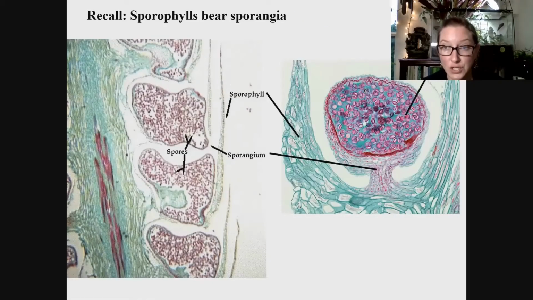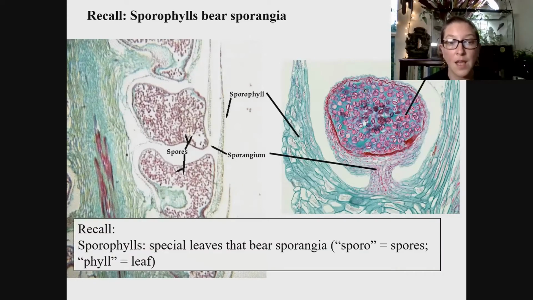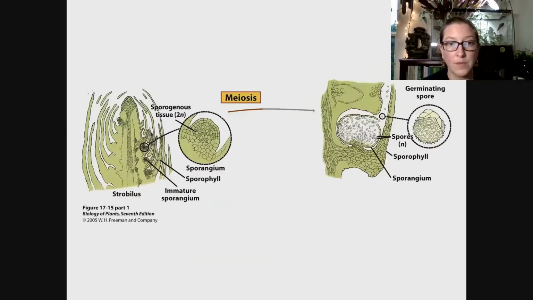Okay, this is what we just saw, to show you what we're talking about in real life. Here's a reminder, right? Okay, so this is where we just left off, right? We were looking at our close-up of our sporangium, and inside are these 2N spore mother cells that are going to undergo what?